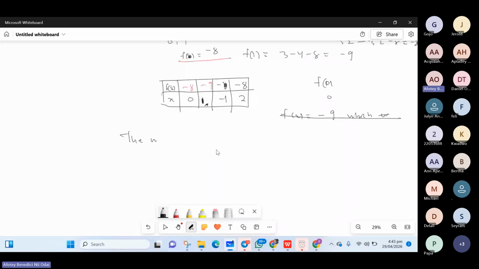The minimum value is f of x is equal to -9, which occurs when x is equal to 1.